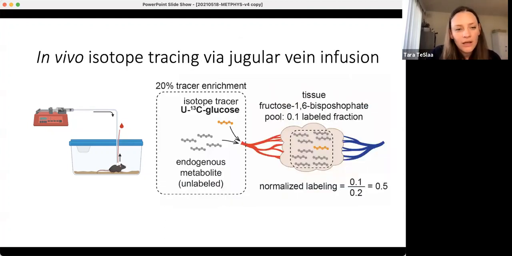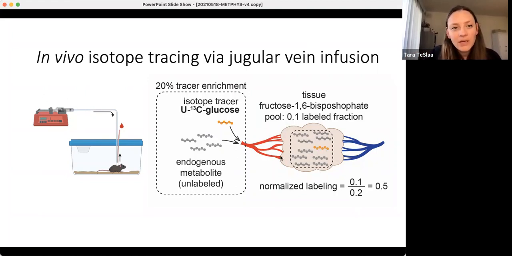So just briefly, I want to mention how this data will be represented. When we measure the labeling in a tissue metabolite pool, here I'm showing an example of glycolytic intermediate fructose bisphosphate, where 1 of every 10 molecules is labeled, which would be about 10%.